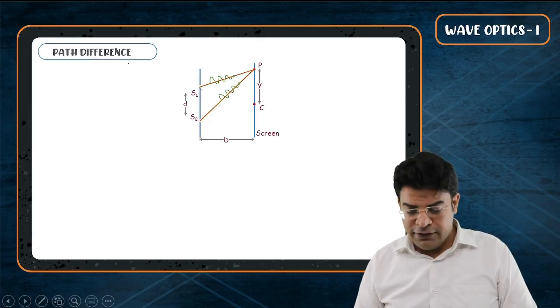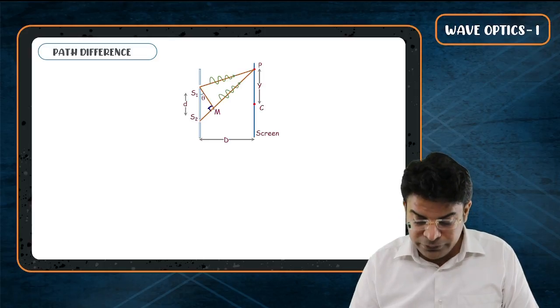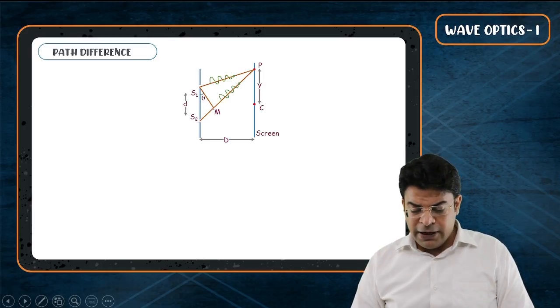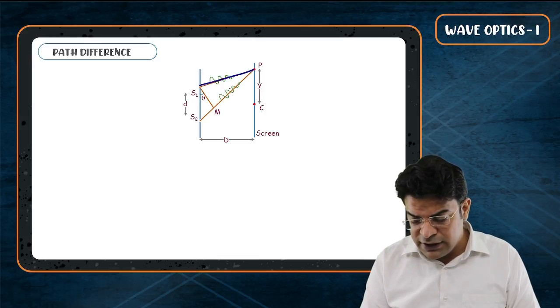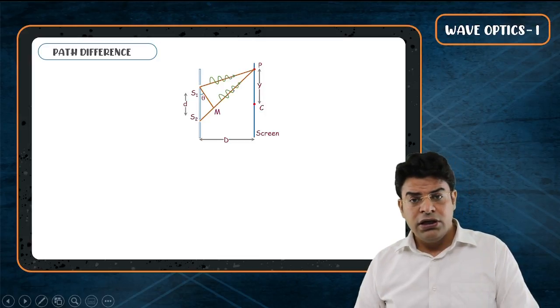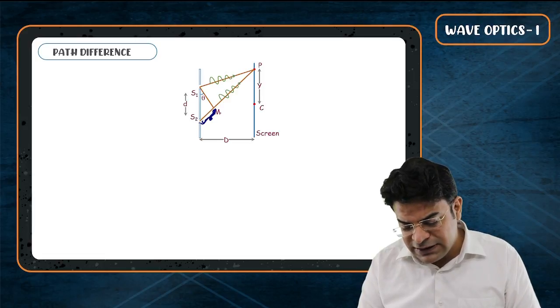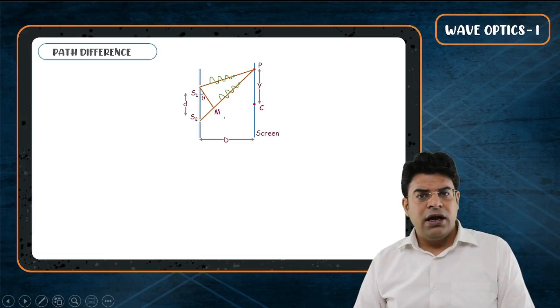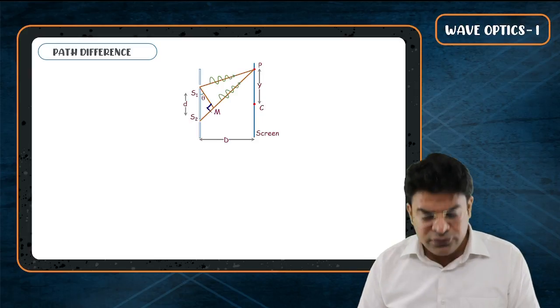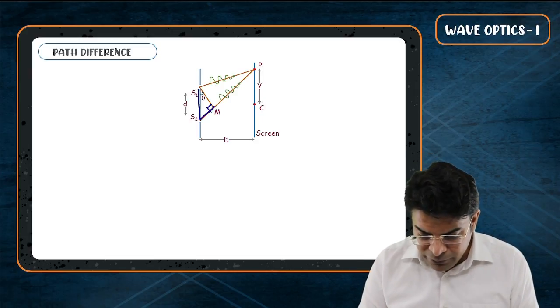Now here, bachcho, our mission is to find the path difference. To find the path difference, drop a perpendicular. If you drop a perpendicular, you can say that these two lengths are now nearly the same. The wave coming out of the second slit travels this much distance extra. And sir, how to write this distance? Look in this right angle triangle.